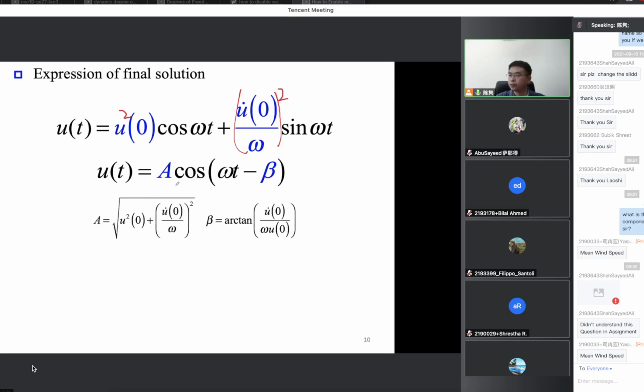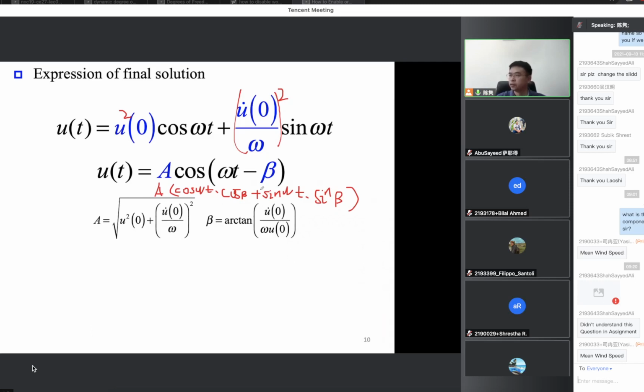And if you express this thing using the trigonometric equations, you can have cosine omega t times cosine beta, then minus sine omega t times sine beta. Then you have A out, you have A here, which it expresses using the trigonometric method.